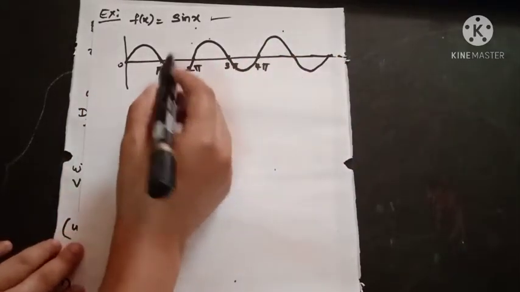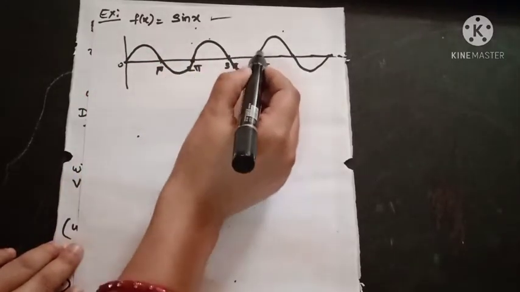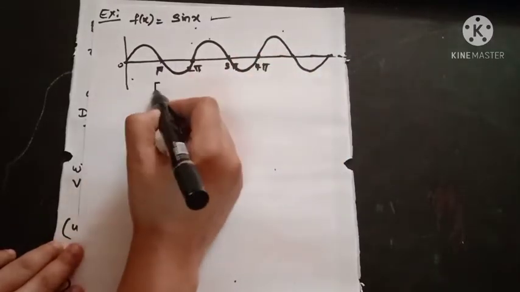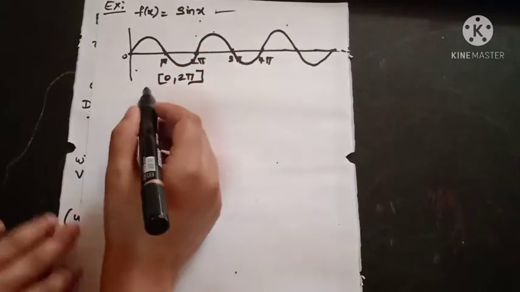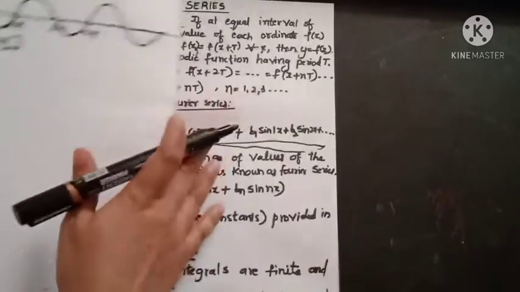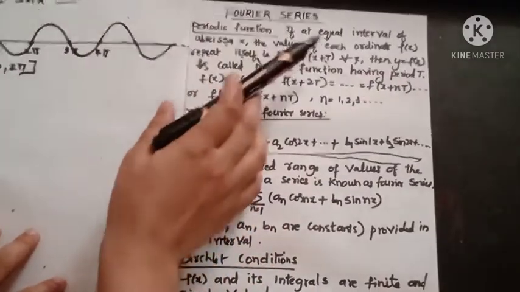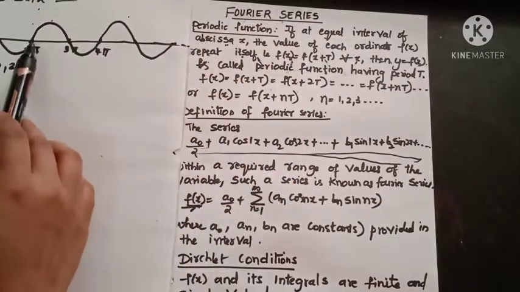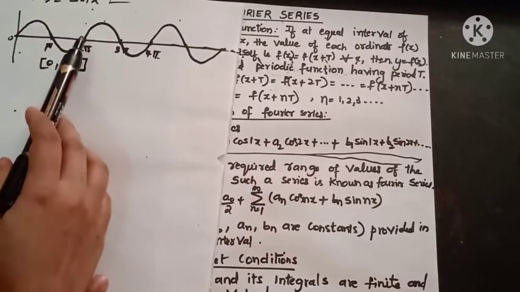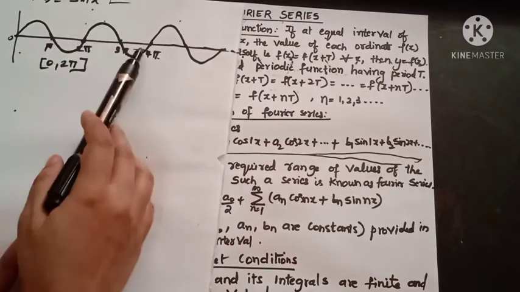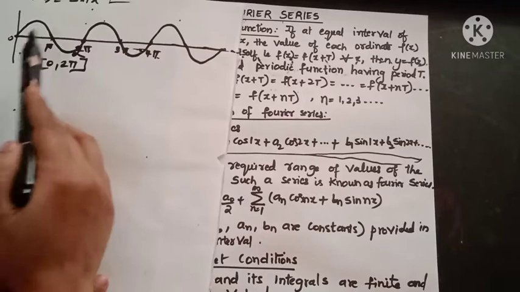So it repeats after 2 pi, in the interval 0 to 2 pi, and after that it repeats itself. A periodic function repeats itself in equal intervals, 0 to 2 pi, 2 pi to 4 pi. The length of the interval is 2 pi, so the sine function repeats itself in equal intervals.